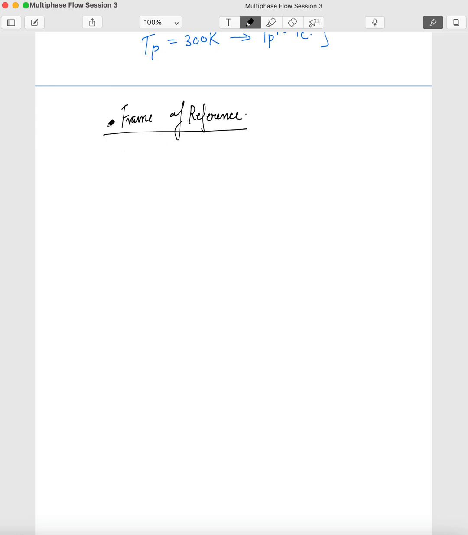So frame of reference basically is the way of measuring different fluid flow properties. So basically we have two frames of reference, that are Eulerian and Lagrangian.